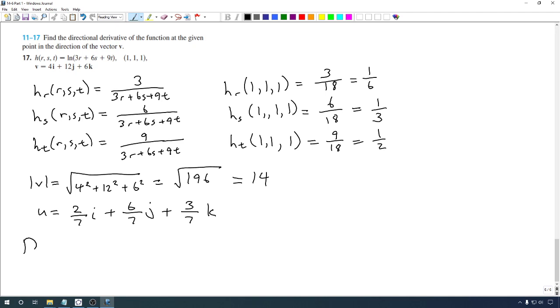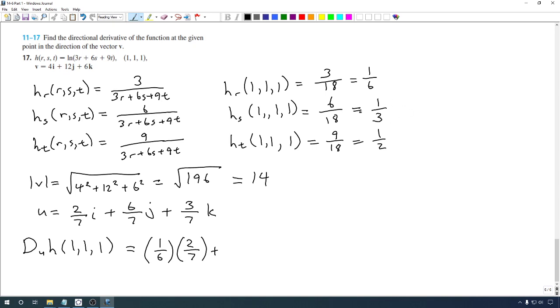So our directional derivative in the direction of u of this function at the point 1, 1, 1, we take the 1/6 from our partial derivative with respect to r times our first component of 2/7.